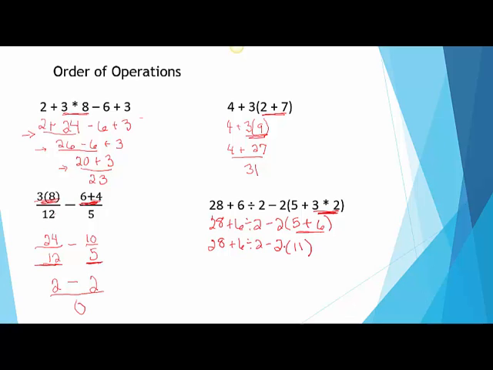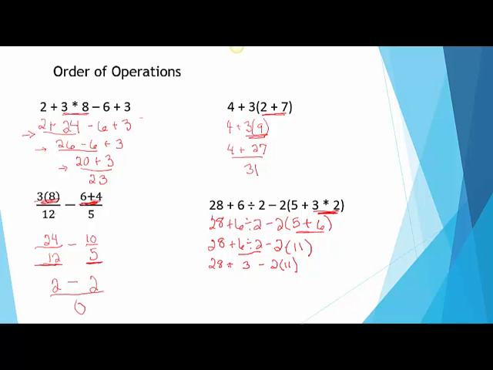And again, this is a times sign, because whenever I have a parenthesis next to a number, that's another way of writing times. But I notice I have a division and a multiplication. This one comes first in the left to right, so I'm going to do it first. So I get 28 plus 6 divided by 2, which is 3, minus 2 times 11.